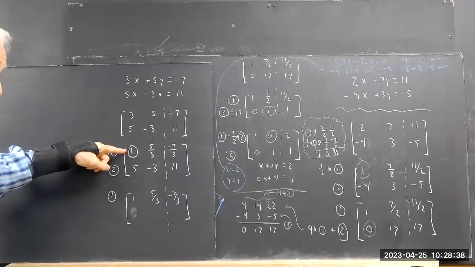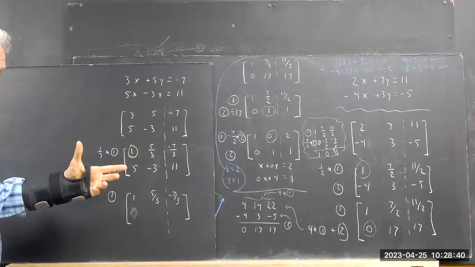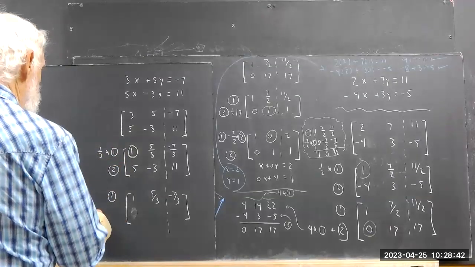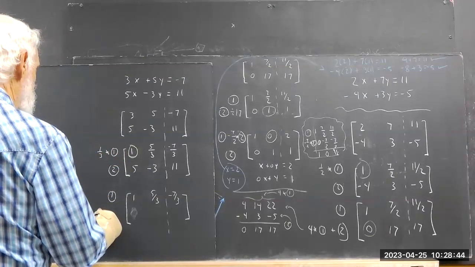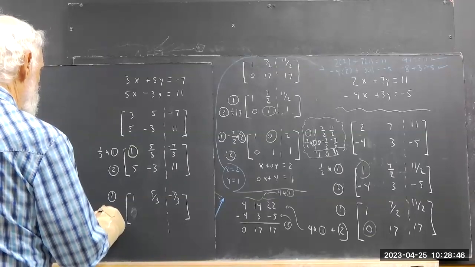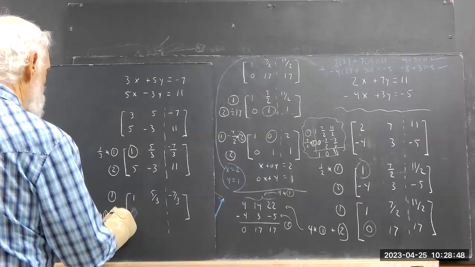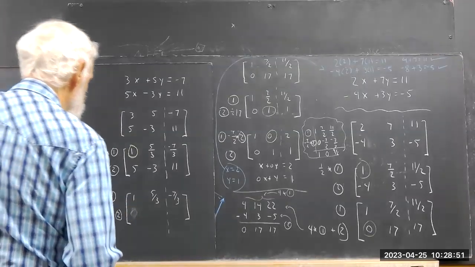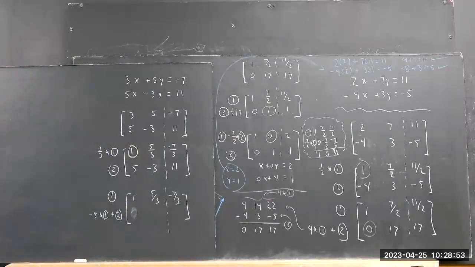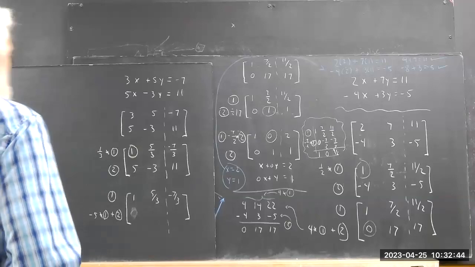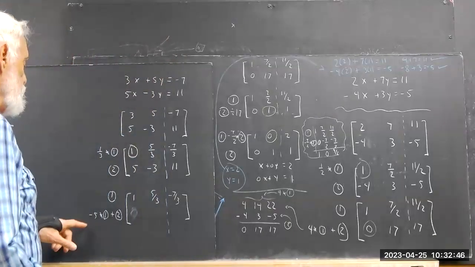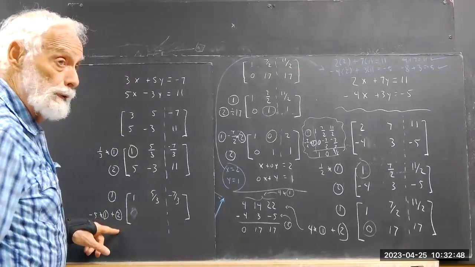Do -5 times 1 and add the 5, we get 0. You gotta do -5 times row 1 plus row 2. Okay. Yeah, we do -5 times row 1 added to row 2.